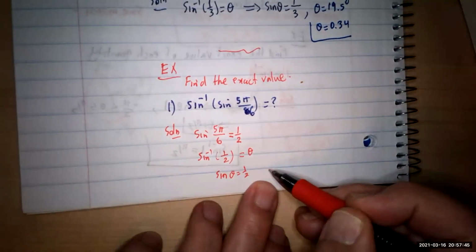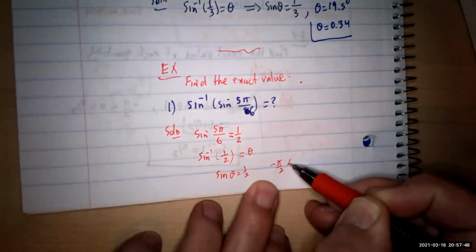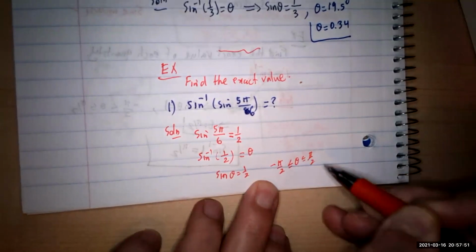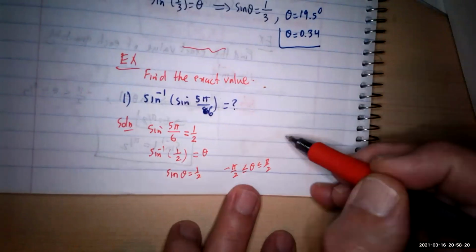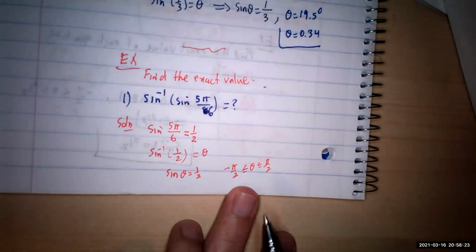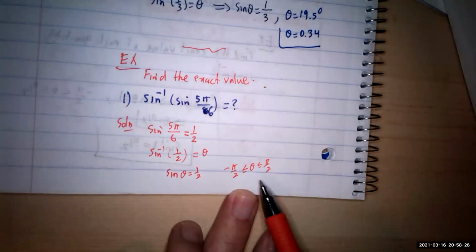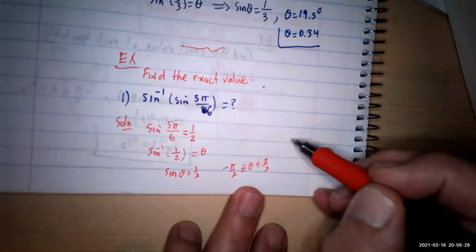But remember, theta must be between negative pi half and pi half. So in this case, it must be in the first quadrant, because you want the sine to be positive. The sine of theta is 1/2, since theta must be between negative pi half and pi half.